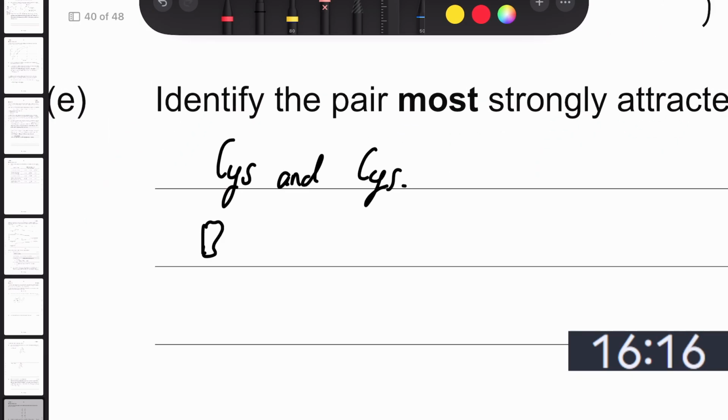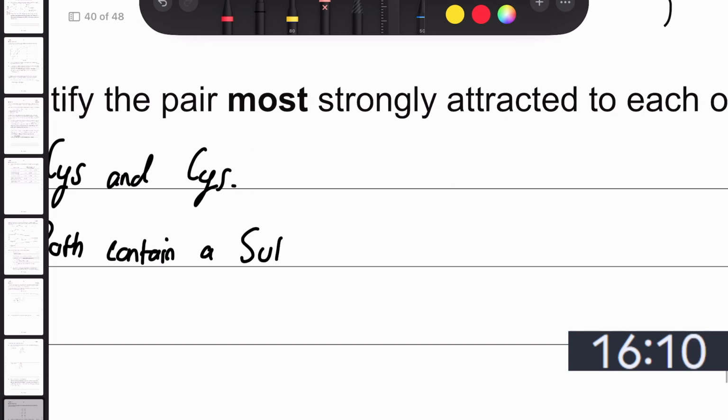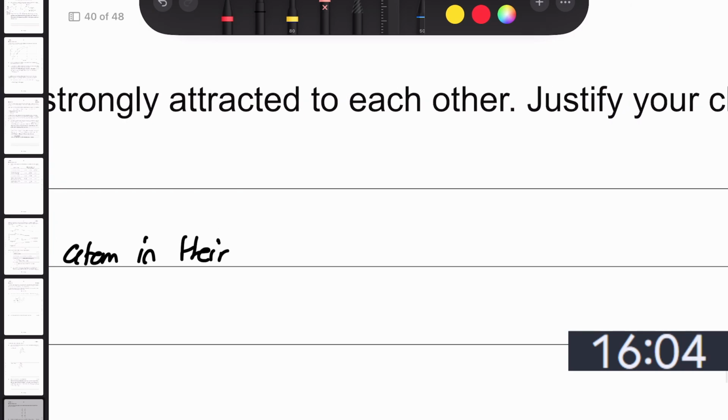Both contain a sulfur atom in the side chains, that is.